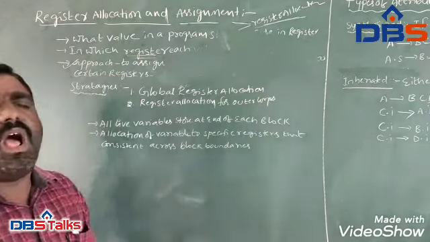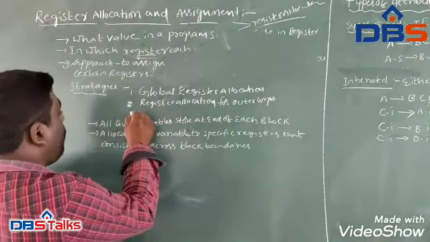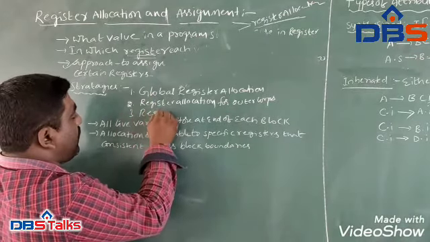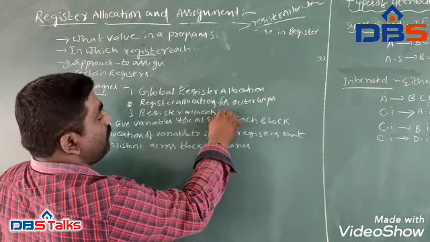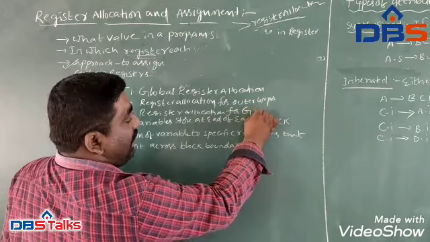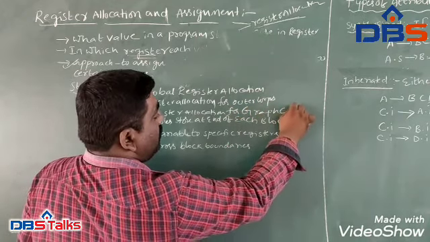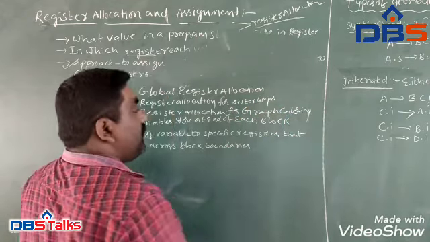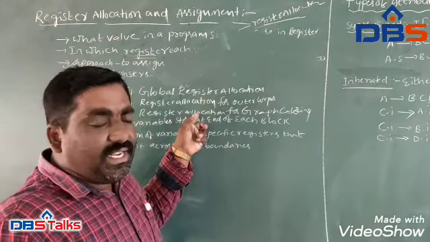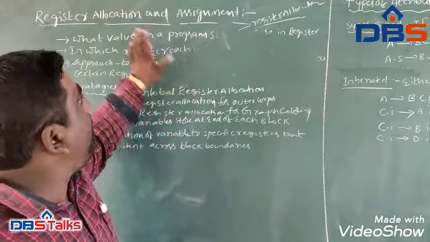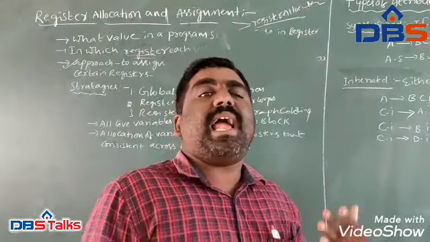The third is register allocation by graph coloring. These are the three main strategies we implement for register allocation and assignment.